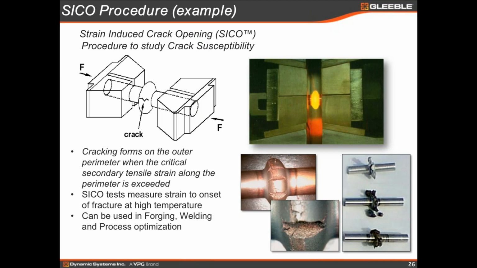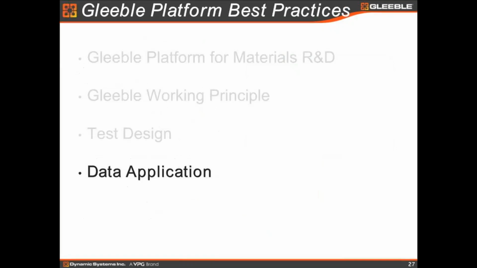Because the stress state of this testing procedure is similar to what you see in real industrial processing, like forging and rolling. Hot tensile hot ductility testing is not, because as soon as you have necking, the stress state becomes a triaxial stress state, which you do not see in the real process, but SICLE does.